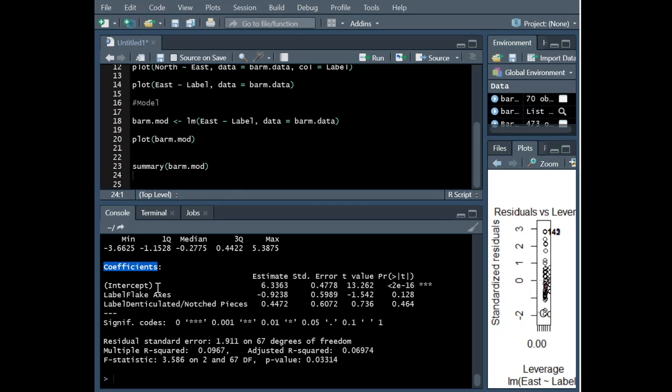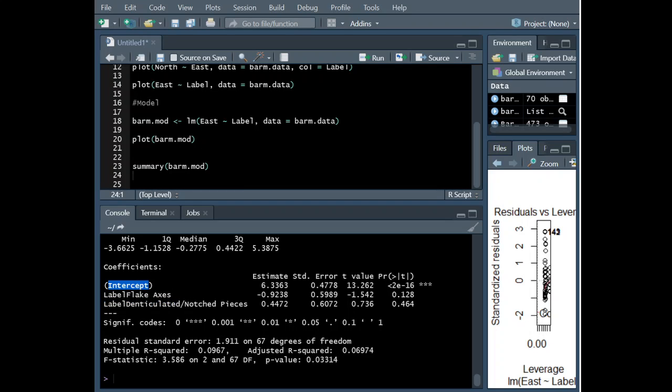So you'll see here that there are 3 different rows in the coefficient section. There's one for intercept, one for flake axes, and one for denticulated or notched pieces. As you'll recall from the previous video tutorial, what R does when you're dealing with a categorical predictor variable is it assigns the first group, the first category, to the intercept.